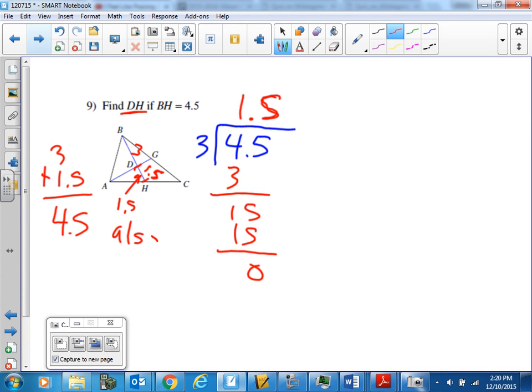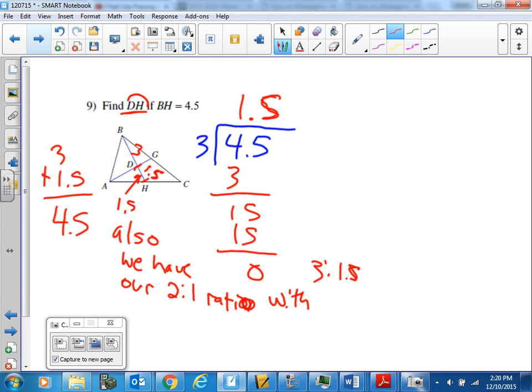Also, 3 is double 1.5, so we have our 2-to-1 ratio, because if I reduce 3 to 1.5, you get 2 to 1. So I'm not going to go further into that, but we do have our 2-to-1 ratio because BD is double DH. So if we're looking for DH, that'd be 1.5.